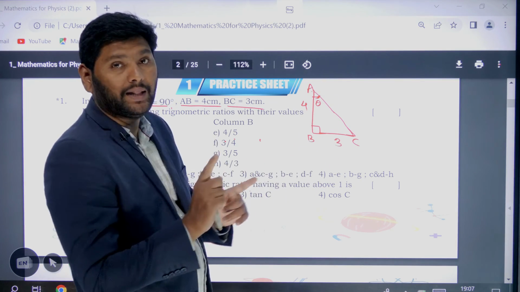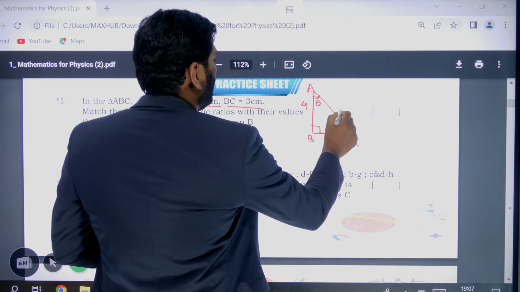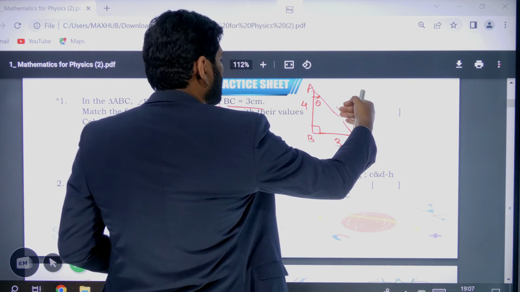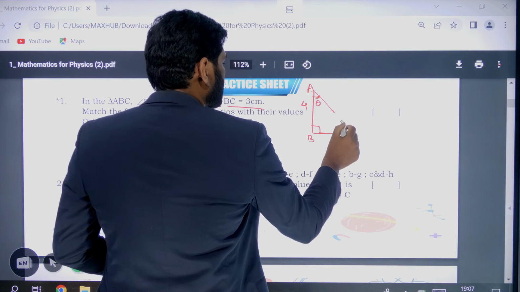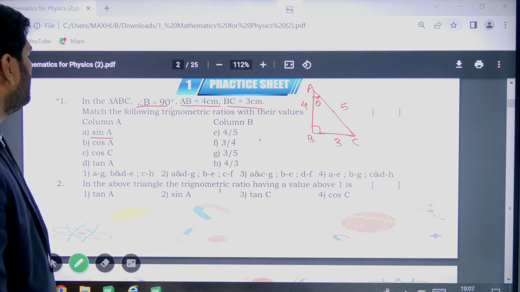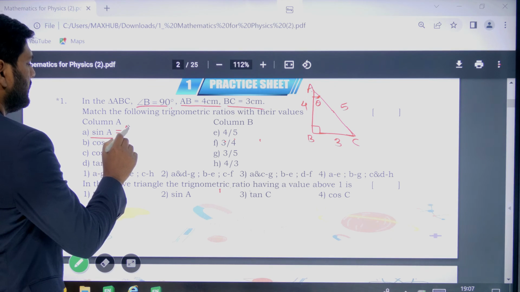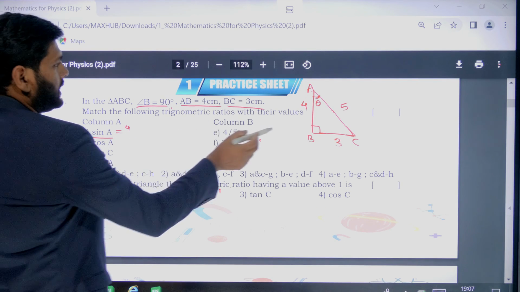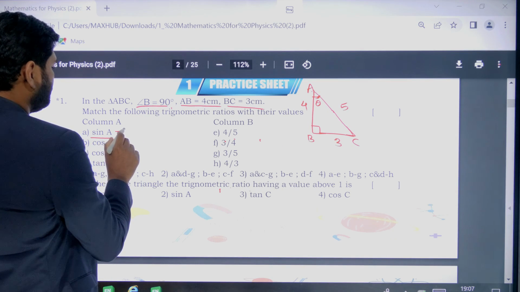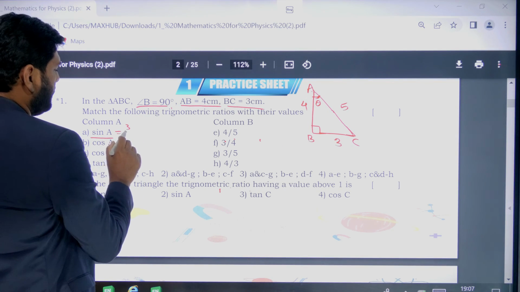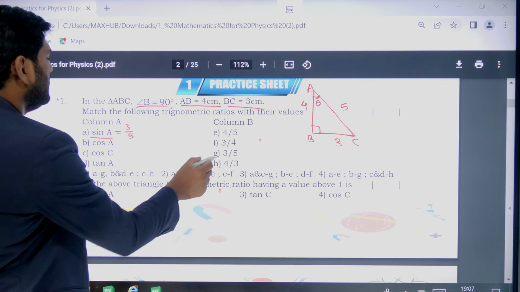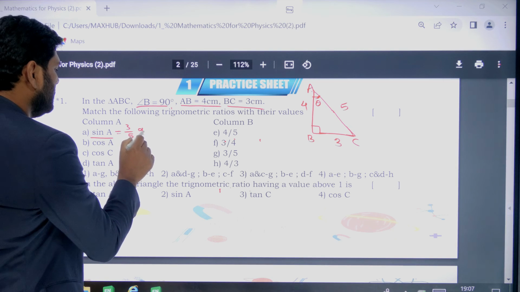By using Pythagoras theorem, 4 square and 3 square is 25, so this becomes 5. Now sin A means opposite by hypotenuse. Opposite is 3, hypotenuse is 5. So 3 by 5, option G will come here.